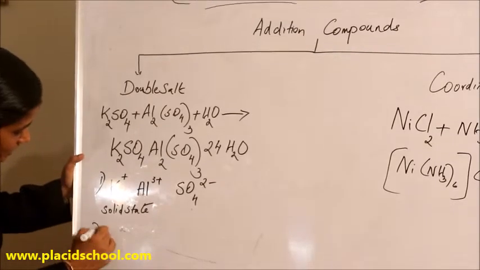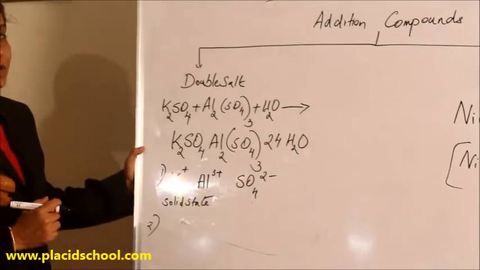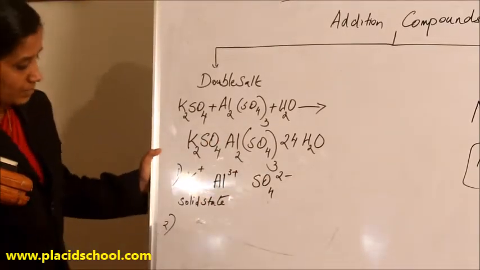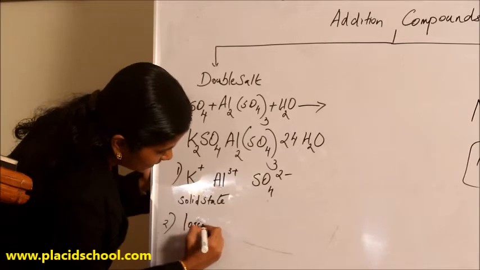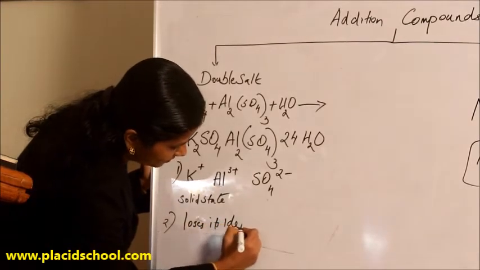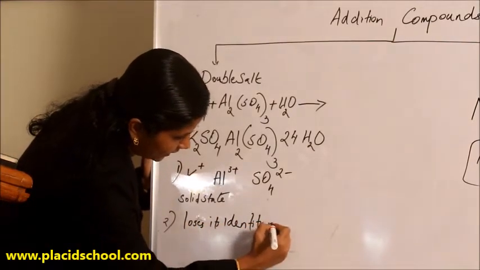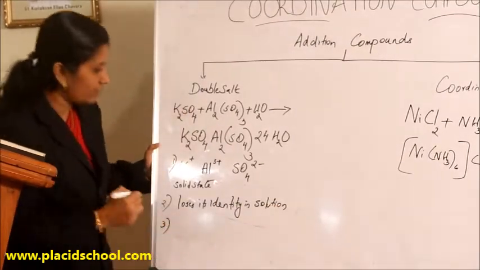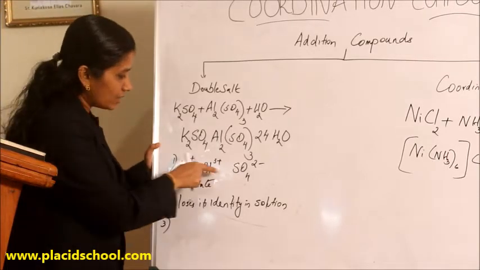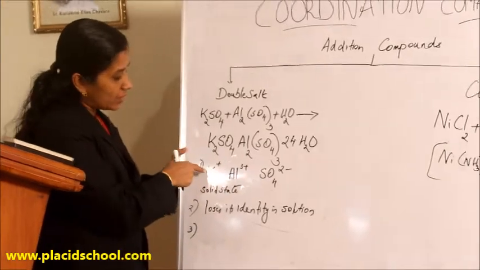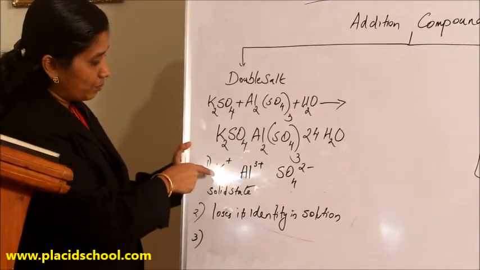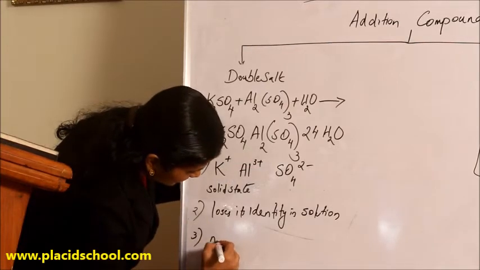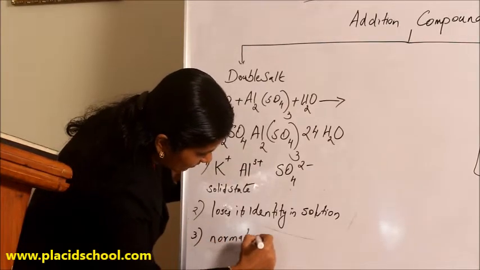Then second difference, it loses its identity in solution. That means it dissociates into constituent ions. Third difference is that these metal ions show their normal valency. Potassium +1, aluminium +3, like that. Metal exhibits its normal valency.